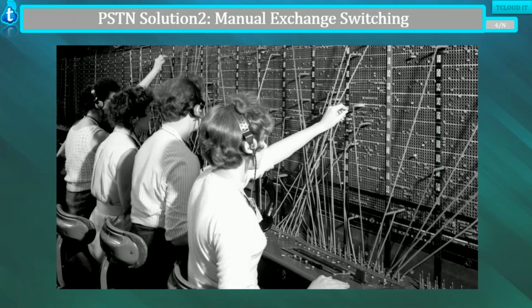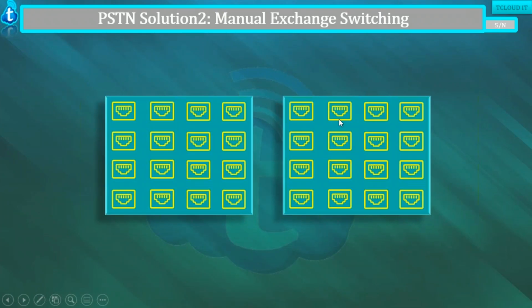So obviously they started thinking, hey, we should solve this somehow, and they started thinking about manual exchange switching, having multiple exchanges. As you can see over here, we have multiple exchanges. They started spreading different exchanges in different locations.